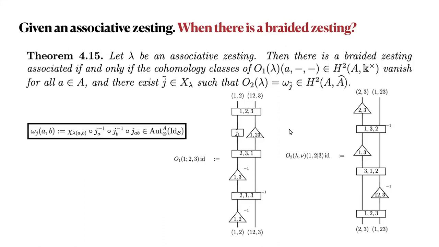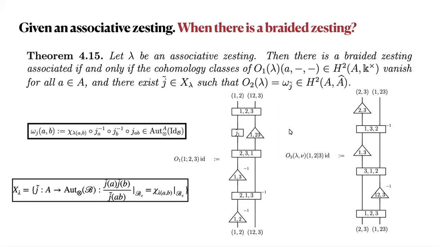But let me try to explain, following the idea of Shen Han, what is the possible meaning of this H^2. The idea is, when you apply this associative twisting, what you are saying, as Shen Han said, is you are doing a different gauging. So you have a different G-crossed braided tensor category associated. In this case, this is the obstruction: you need to trivialize the action in the G-crossed braided tensor category.